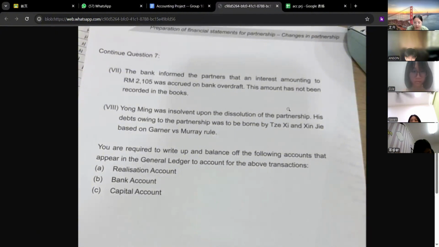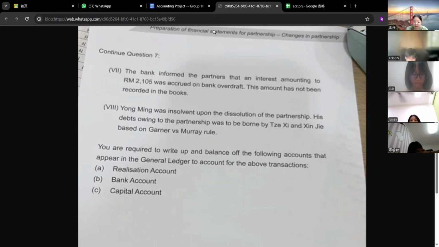Okay, next, we are looking at the additional information. Number 8, Ming was insolvent upon the dissolution of the partnership. His debts owing to the partnership were to be borne by Zixi and Xingjie based on the Garner versus Murray rule.